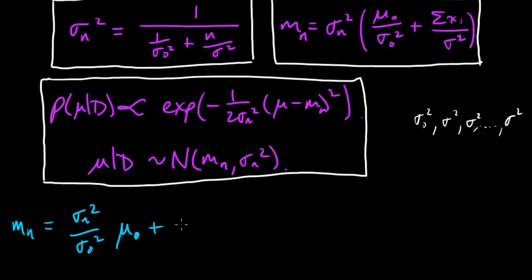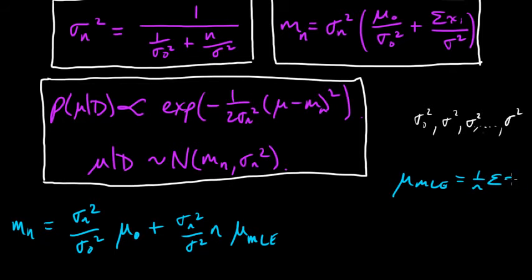So it's sigma n squared divided by sigma squared times n times the sample mean, which is the MLE, right? The MLE is just 1 over n times the sum of the xi's. It's the sample mean.